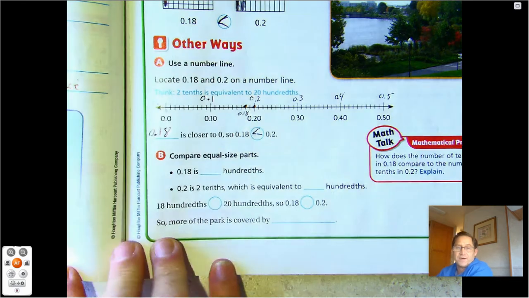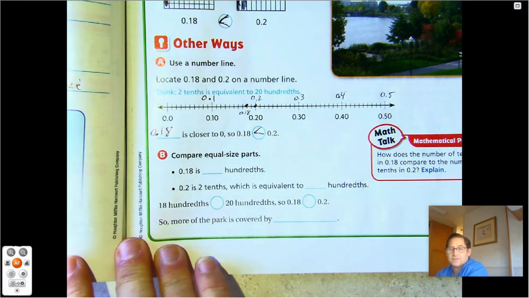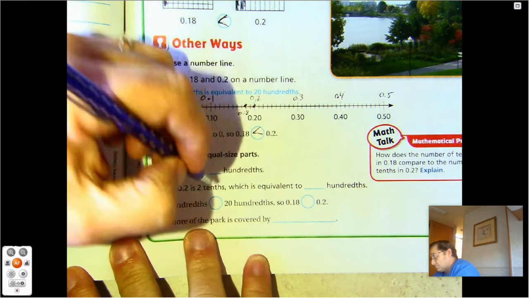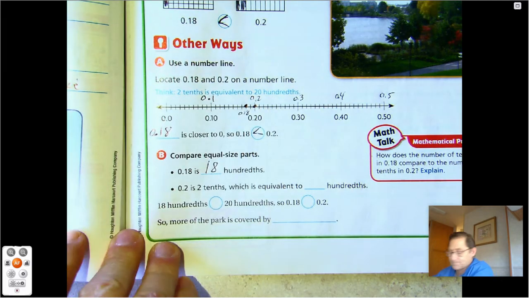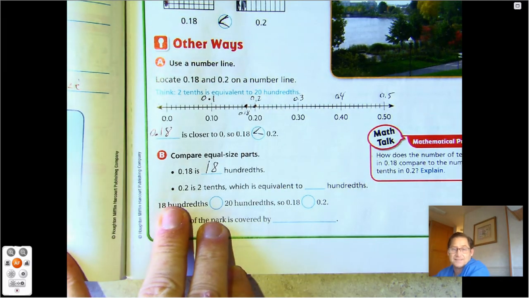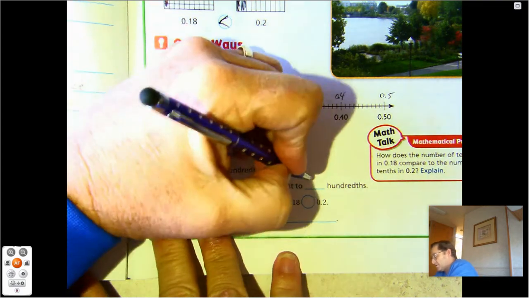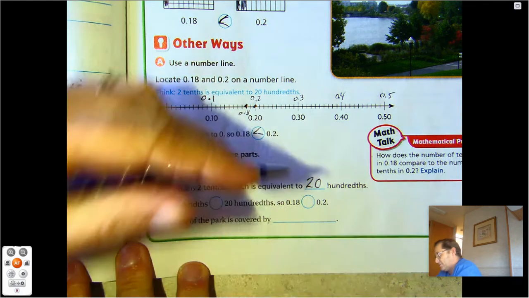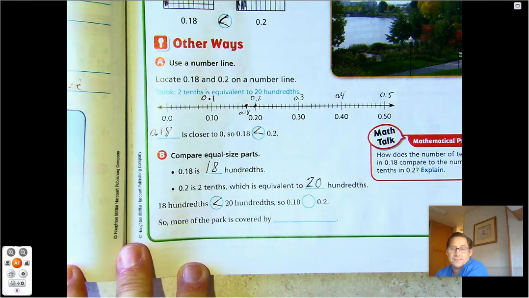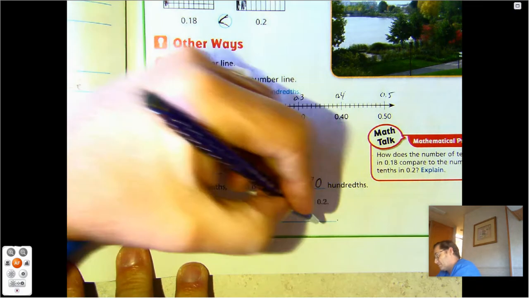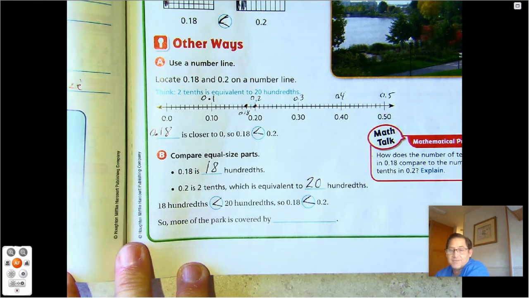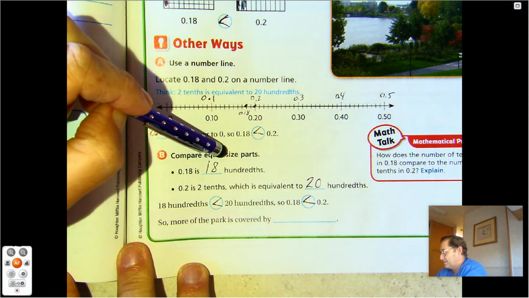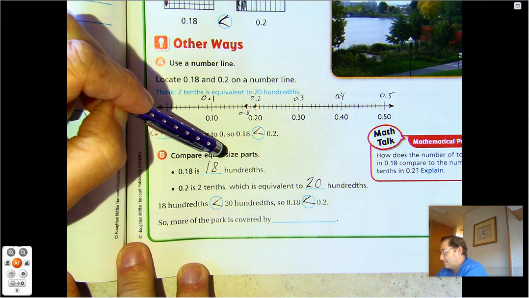We can also compare equal size parts. 18 hundredths is 18 hundredths. 2/10 is equivalent to 20 hundredths. 18 hundredths is less than 20 hundredths. So 18 hundredths again is less than 2/10. So we have 3 basic ways here. We're comparing the size of the parts.